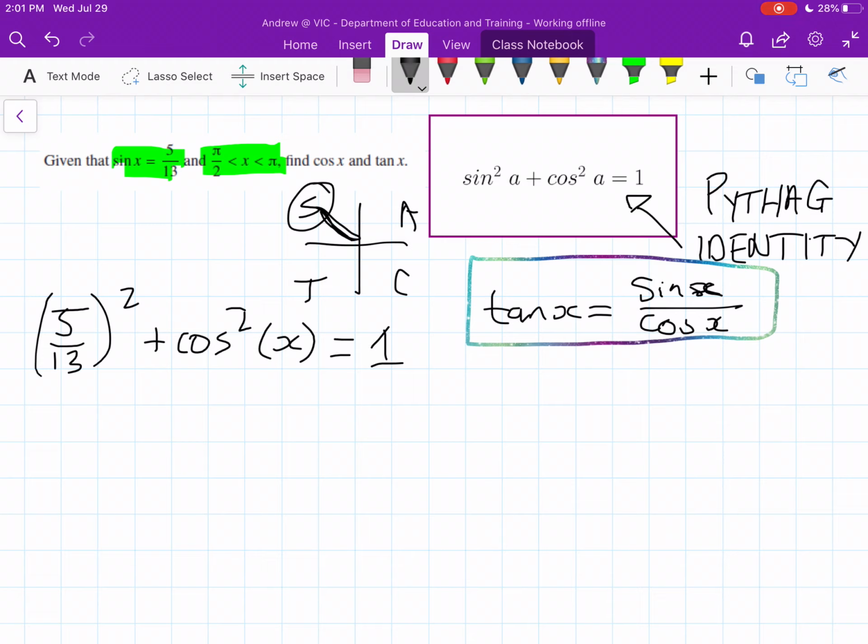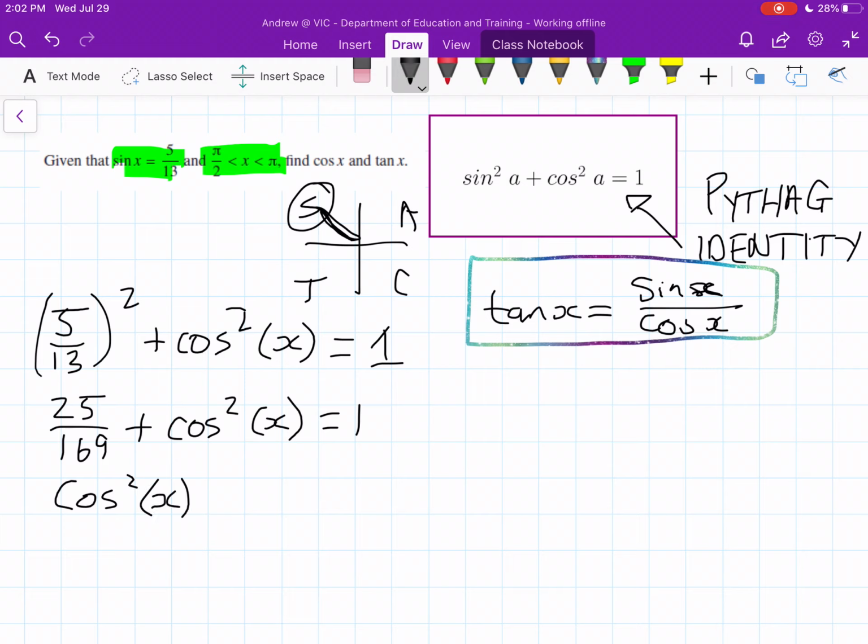So 5 squared on 13 squared, that's 25 on 169, plus cosine squared x, that's all going to equal 1. Now we need to rearrange this to make cosine squared x by itself. So cosine squared x is equal to 1 minus 25 on 169, which is equal to 144 on 169.